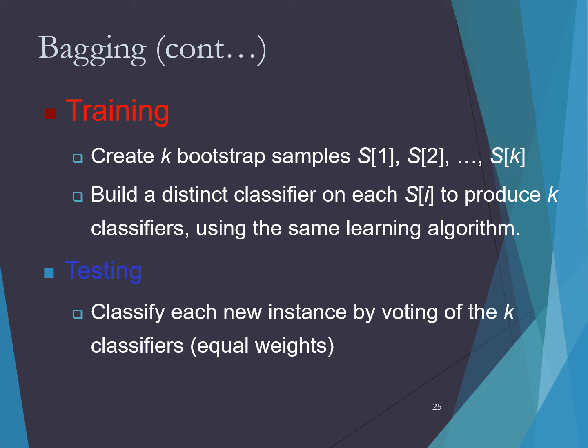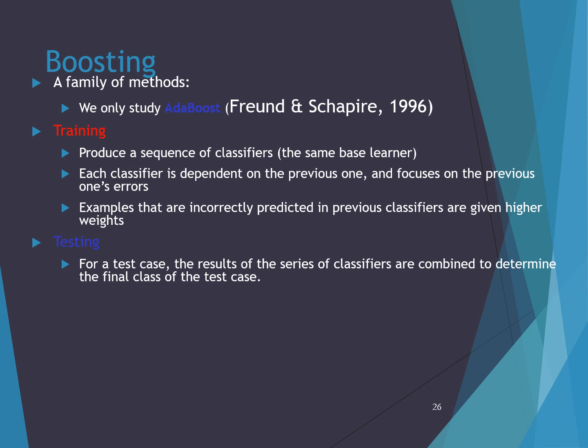Build a distinct classifier on each Si to produce k classifiers using the same learning algorithm. Testing: classify each new instance by voting of the k classifiers with equal weights.